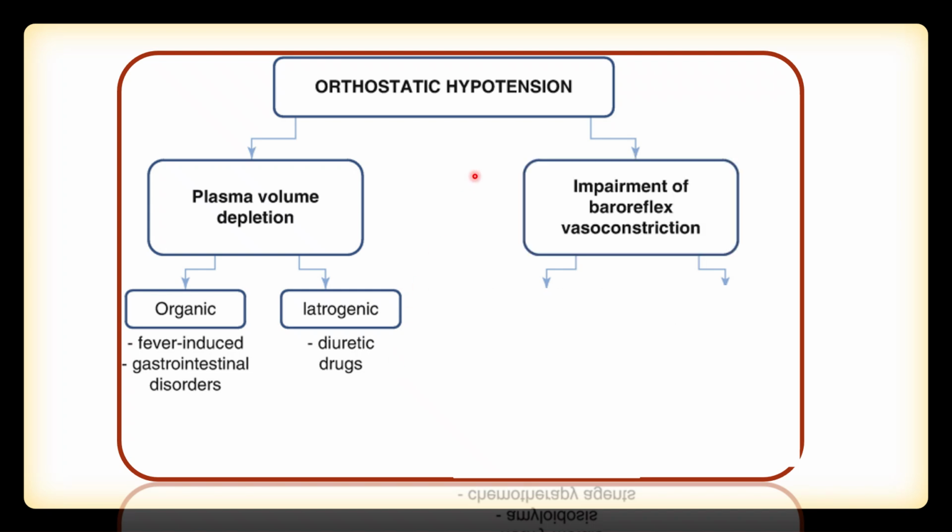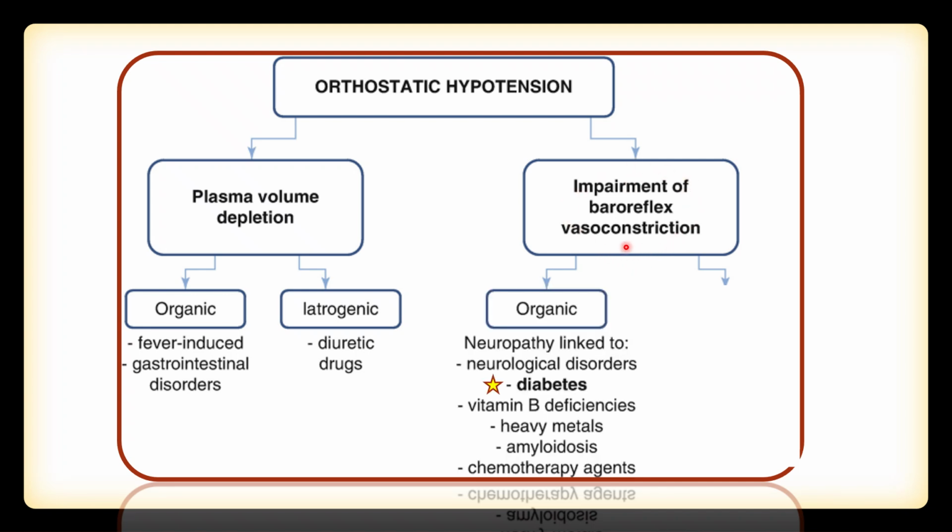The other cause of orthostatic hypotension is impairment of baroreceptor reflex mediated vasoconstriction, which is an organic neuropathy linked to neurological disorders like diabetes, vitamin B deficiency, heavy metals, amyloidosis, and chemotherapy agents. In our question, it is because of the autonomic failure, which is caused by diabetes. And iatrogenic may be usage of sympathetic inhibition drugs, which can lead to orthostatic hypotension.